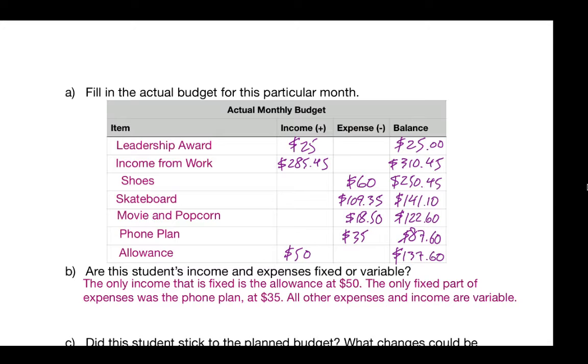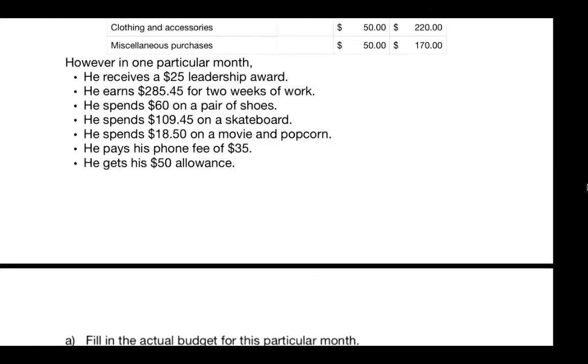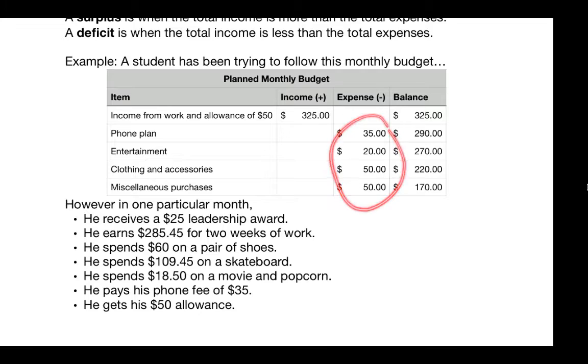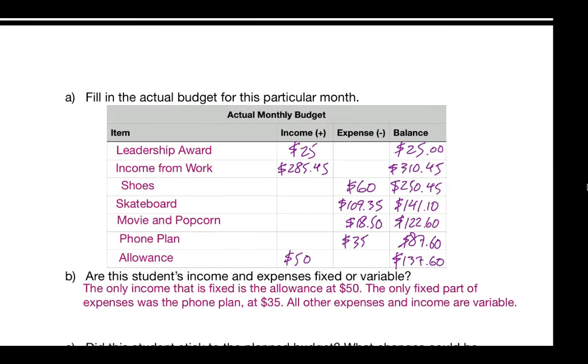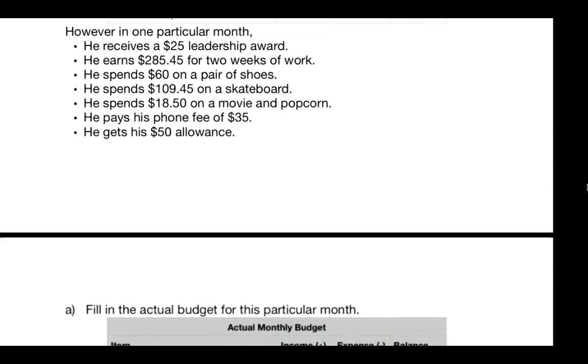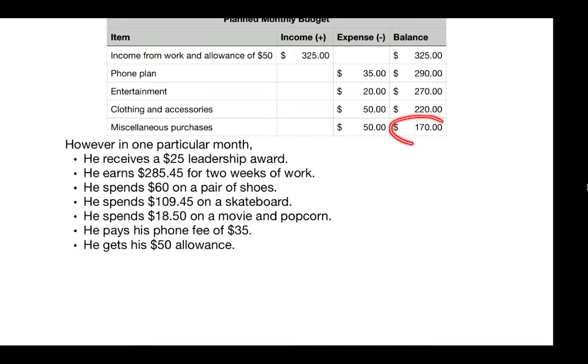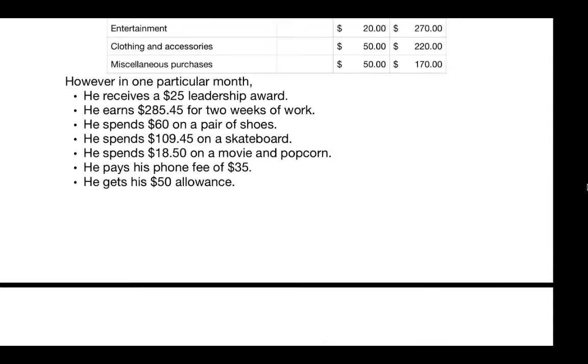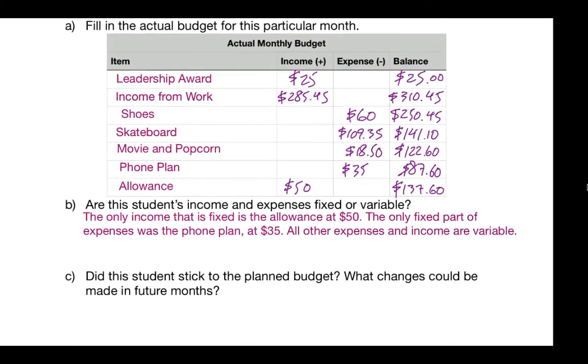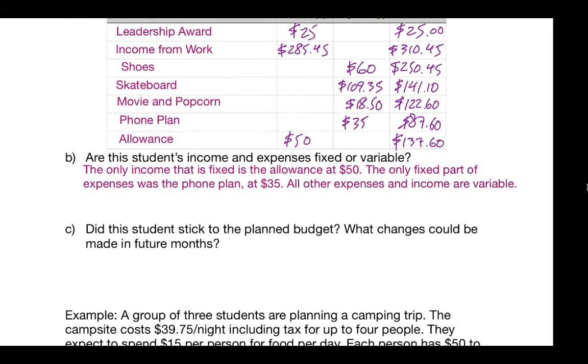But if you compare the total expenses here and the total expenses there, and I leave it to you to add them up to do a quick check of that, but you'll find that the expenses are definitely more. And so it's great to make more money, but if you're also spending a lot more, and the net result is the money that's left over at the end of the month is $137.60, whereas your plan was to have an extra $170 every month, then obviously they're not following the budget, and they're not saving as much in the end as they were intending to.